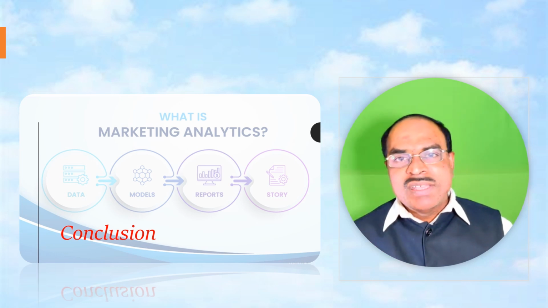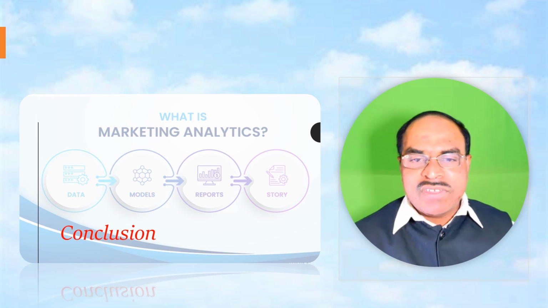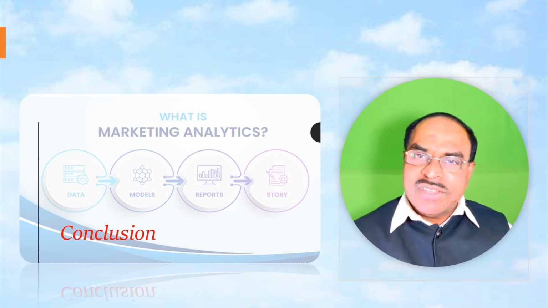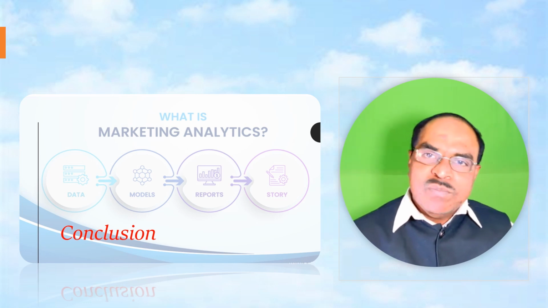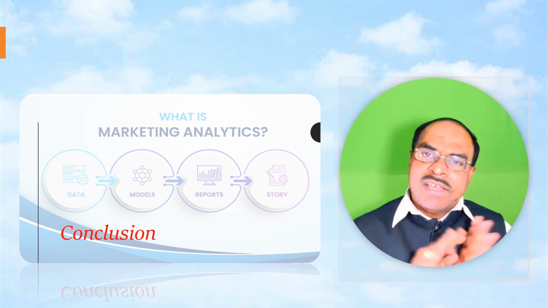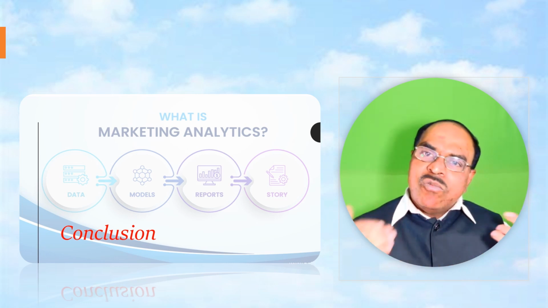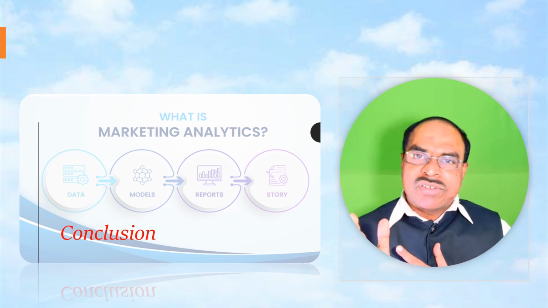So simply speaking, what is marketing analytics? After having this discussion, we are gathering the data, either from the point of sales terminal or from the image. Once we gather the data, we create a model: what the customer is doing, how he will change his mindset.